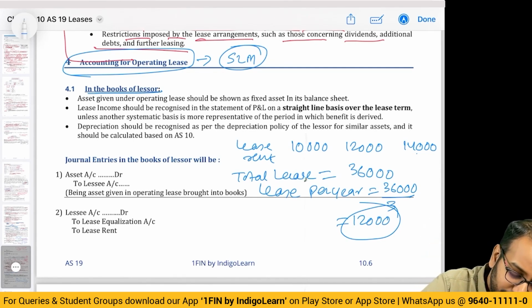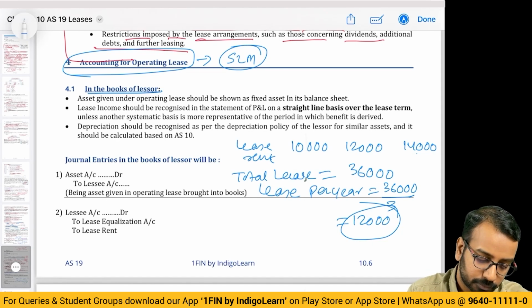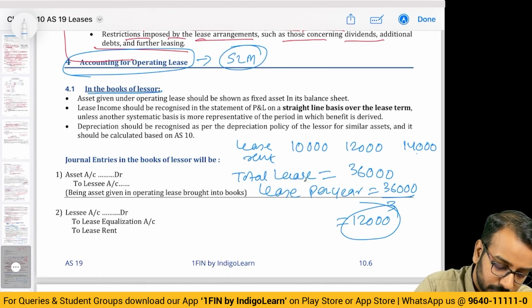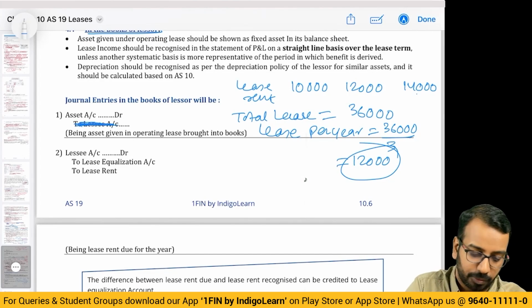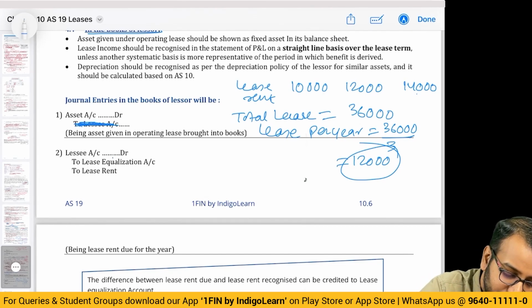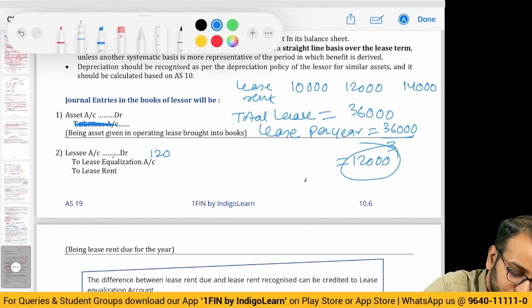So first year the entry will be, in the books of the lessor, lessee account debit. In our case the lessee has to pay us 10,000.